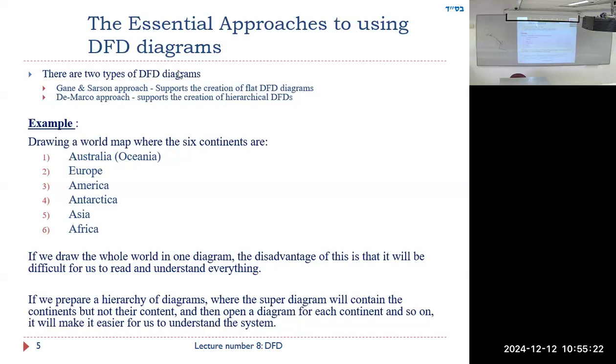There are 2 types of DFDs. We're going to do more like the DeMarco one, which is a hierarchical DFD. The idea of hierarchy is kind of abstract, he's explaining everything before showing you one. But he's giving a metaphor for it.